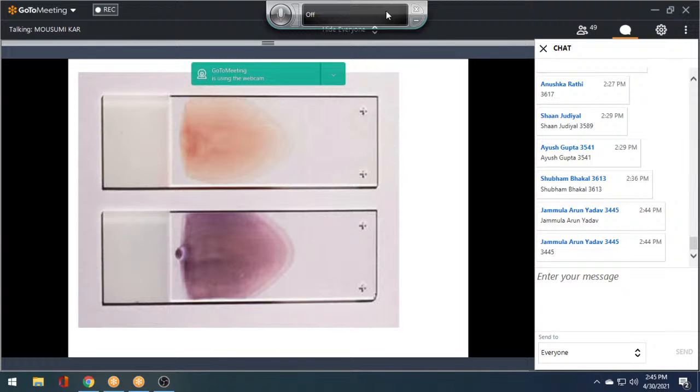Okay, so when you're drying a smear, how will you dry it? Will you blow on it, or will you keep it in a corner, or will you keep it under the fan? What is preferred: slow drying, or fast drying, or blowing on it to dry it faster? Or a hair dryer also you can use.